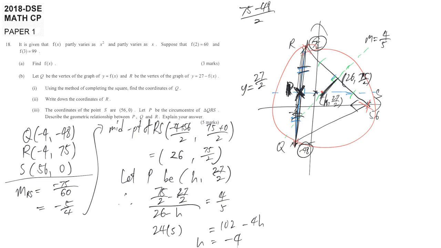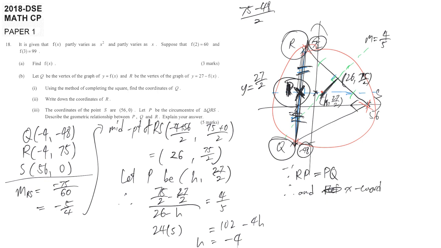So we may say Q, R, P are collinear, but this is not enough here, because one more thing is they have equal distance. So you should say P bisects the line segment RQ, since RP equals PQ and the x coordinates of P, Q, R are all -4.